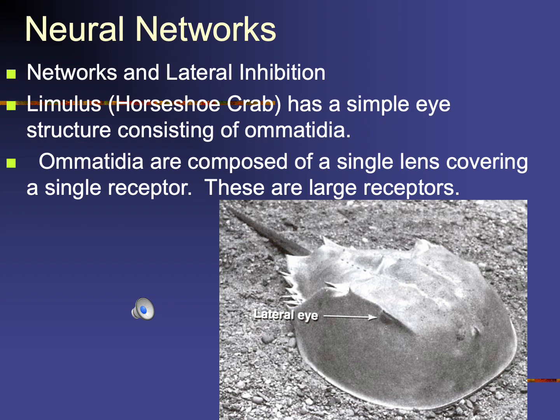Now, the horseshoe crab is an animal that lives on the bottom of the ocean or a bay, usually a tidal bay. If you live near Delaware, New Jersey, you know that the horseshoe crabs come up on full moons, I think in October, to reproduce in the millions.